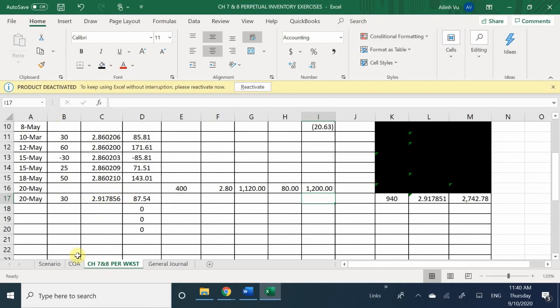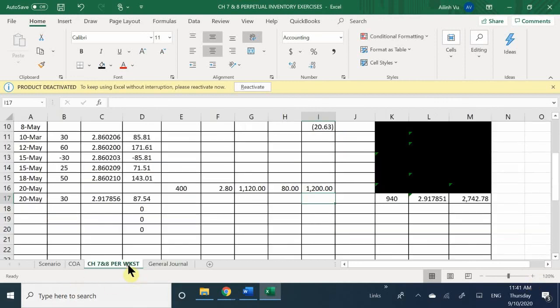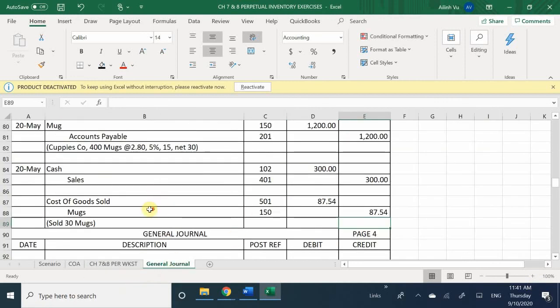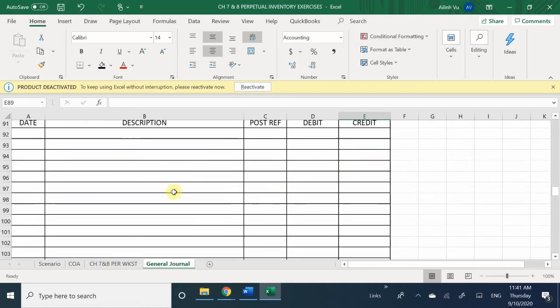So make sure you guys are aware of that. So now my new total is $87.54 for my cost of goods sold. So I'm going to come here, 87.54. Right? And I am complete with this page, so we need to move on to the next.